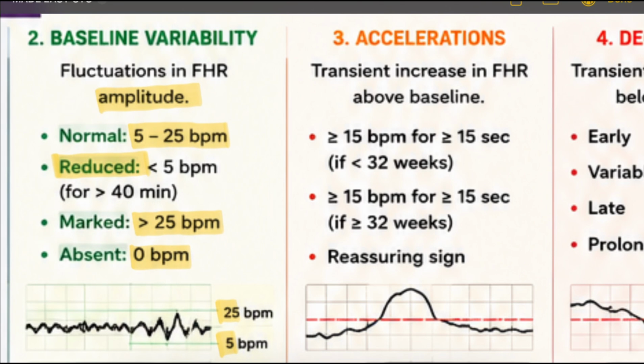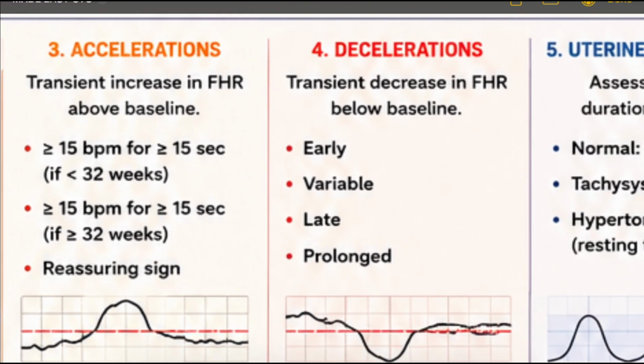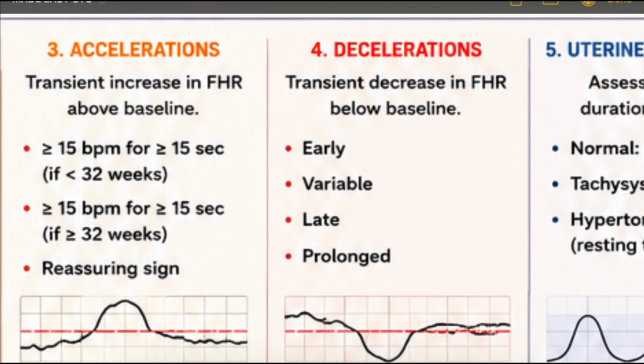Next, you can see here that is acceleration. This is very important. Accelerations mean a temporary increase in fetal heart rate, like a healthy baby, a happy baby, a well oxygenated baby. Think of accelerations as the baby waving at you.